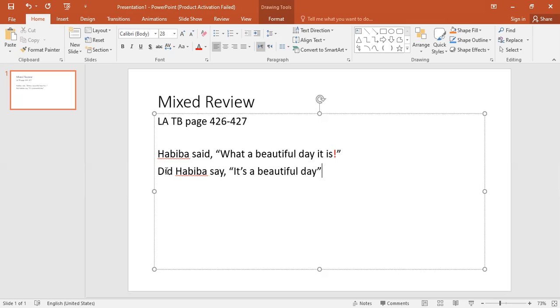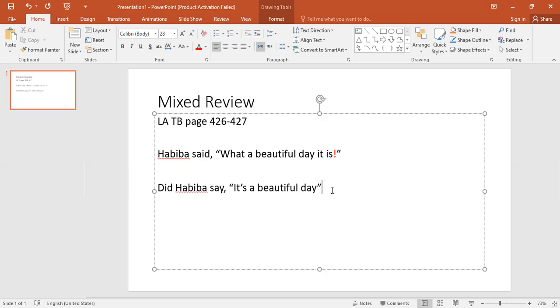All right, so notice the first one: Habiba said, and then our direct quote, so we have the exclamation mark inside. But if we look at this example, did Habiba say "it's a beautiful day"? We put the question mark outside because this is part of our sentence. If we put the question mark inside, this is not what she said.